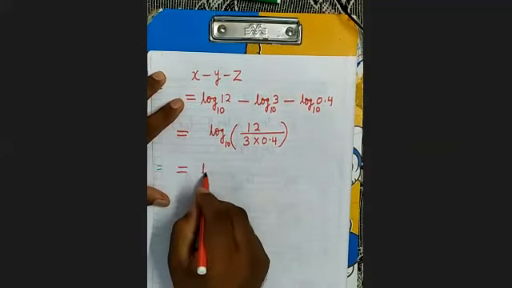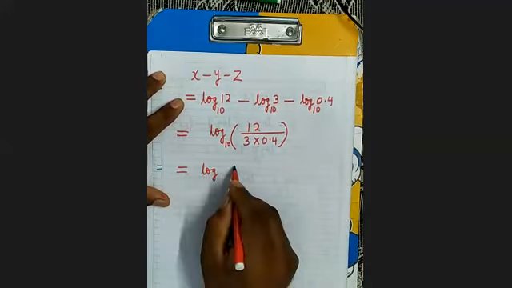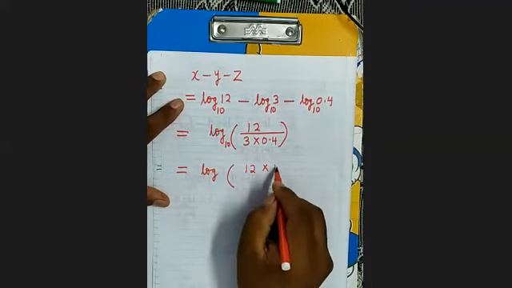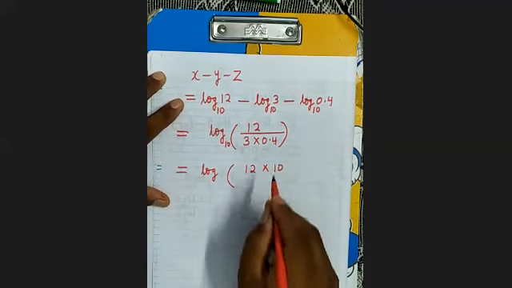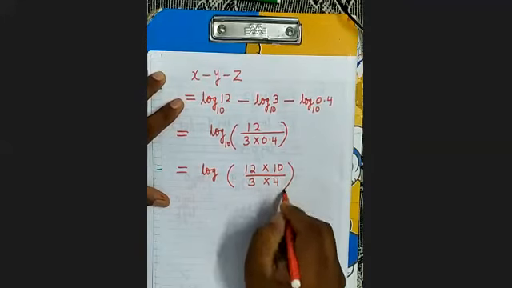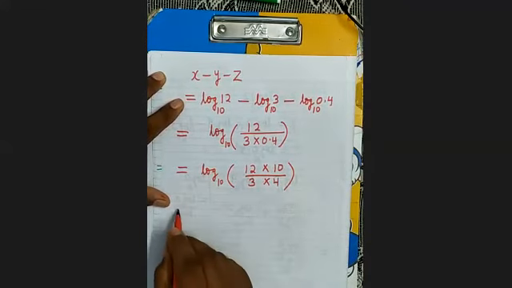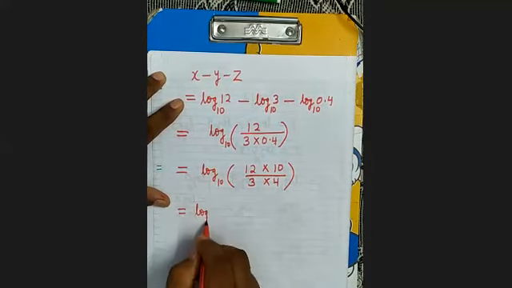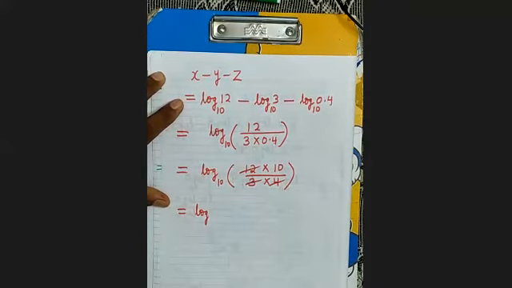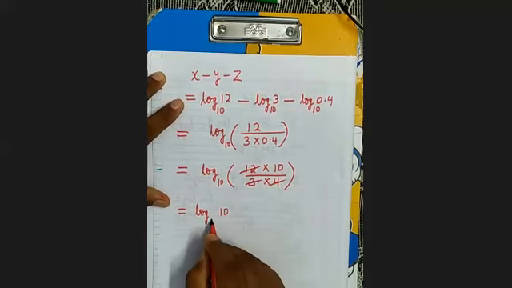Now in the next step, 12 upon 3 into 0.4. 0.4 है तो ऊपर क्या कर लिया 10, नीचे क्या कर लिया 4 to the base 10. So 3 fours are 12. So it is log 10 to the base 10.